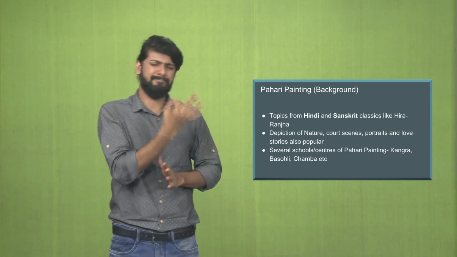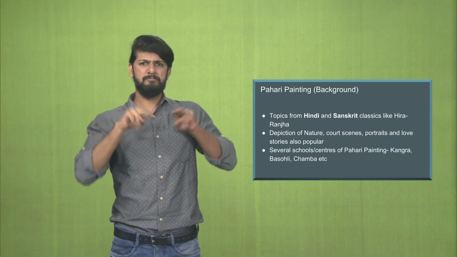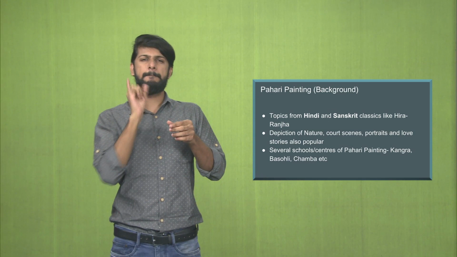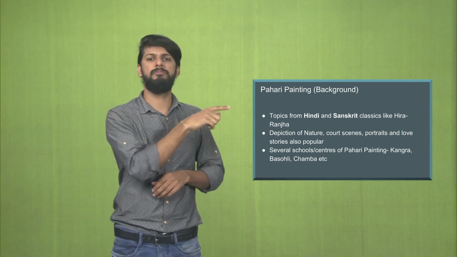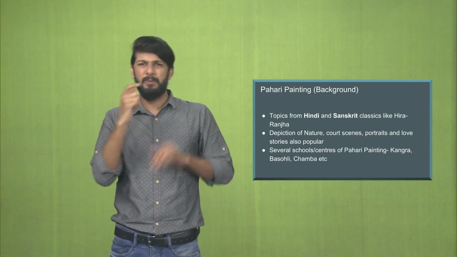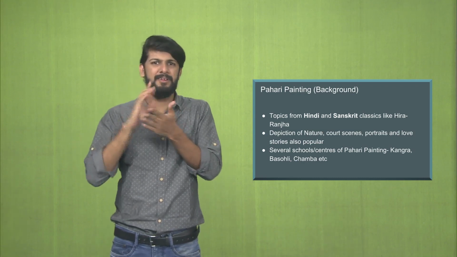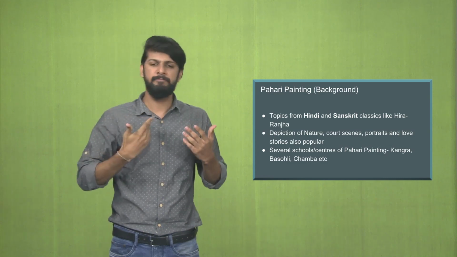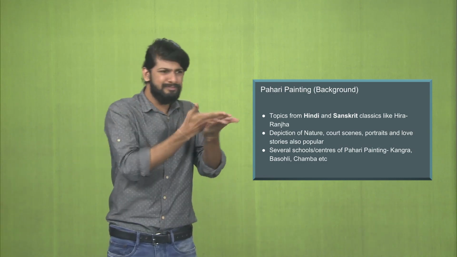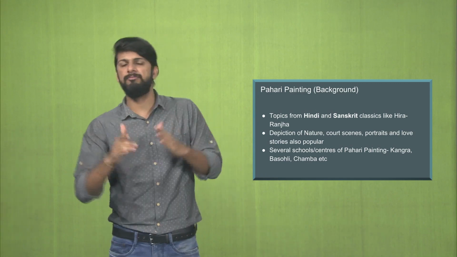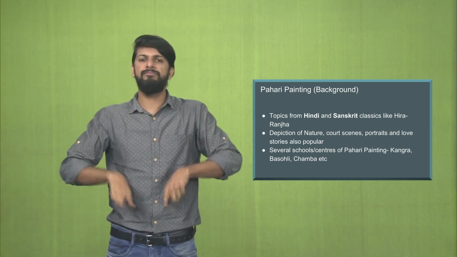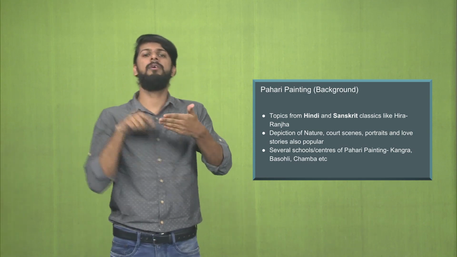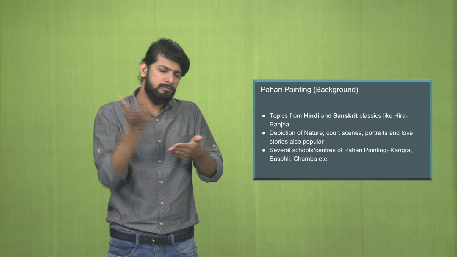It happened that Heer's family fed poison to Heer, and Heer had died, which really affected Ranjha deeply, and he was heartbroken. He left society, he left his family, he left that life for a religious path, and that is how the story goes. And this was a very popular theme for artists to paint.